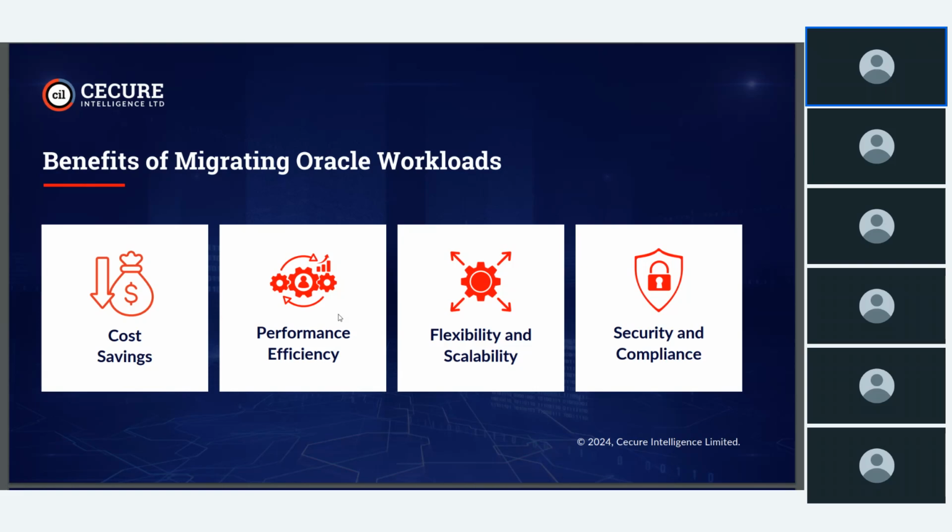So we also have performance efficiency. Oracle workloads usually demand high performance for critical applications. AWS provides infrastructure and tools to improve performance efficiency. We have services like AWS Auto Scaling.